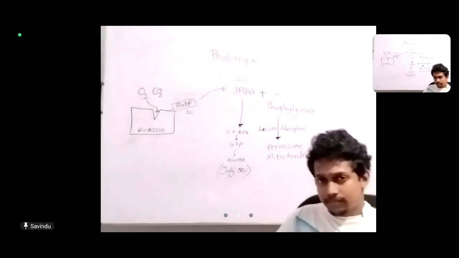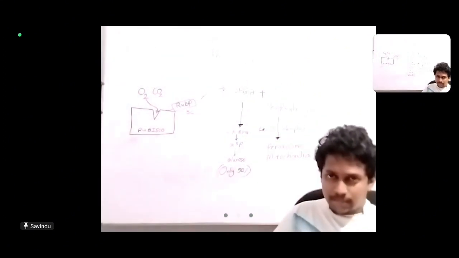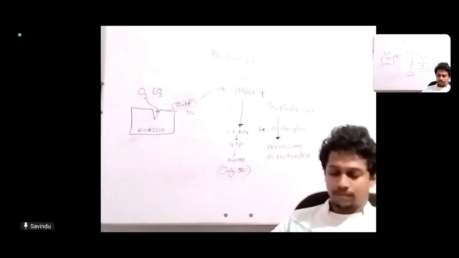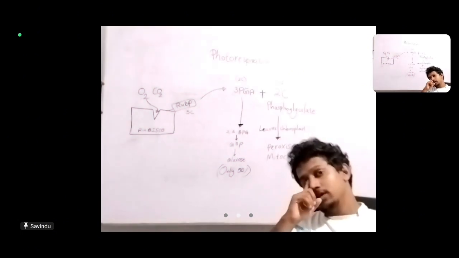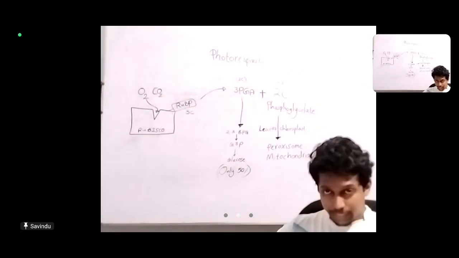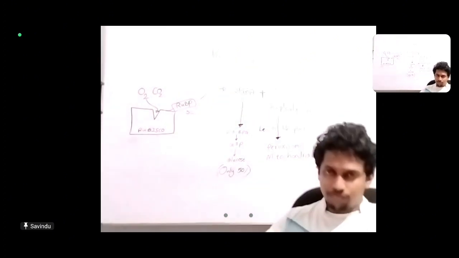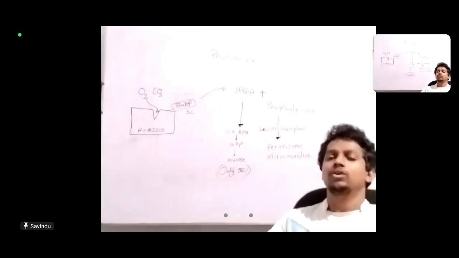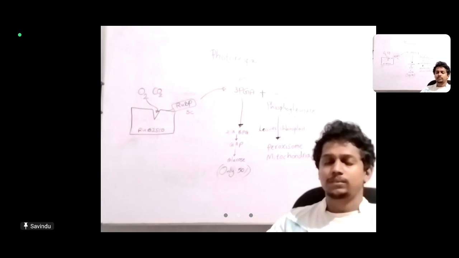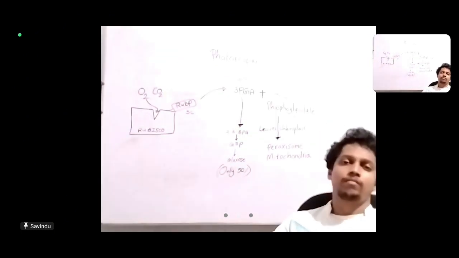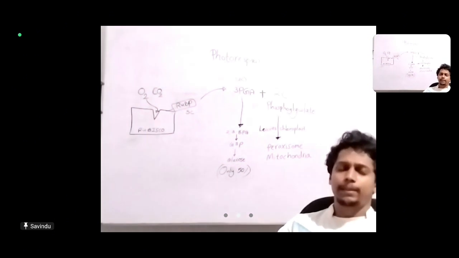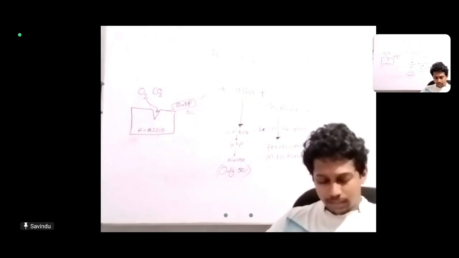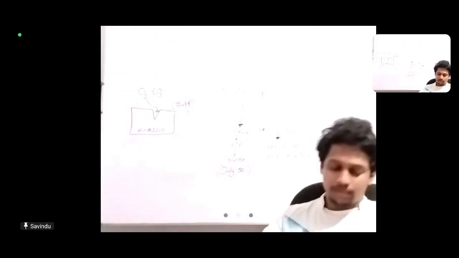This is a 50% loss in net productivity of glucose.